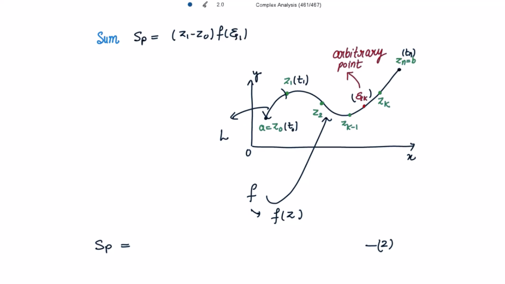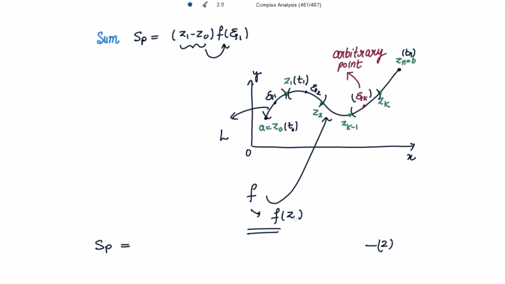If xi k is a point for the interval zk minus 1 to zk, let's say xi1 is the point for this interval, xi2 is the point for this interval. So when taking the difference z1 minus z0, we multiply this with f of xi1, because f is a continuous function defined on this arc L.